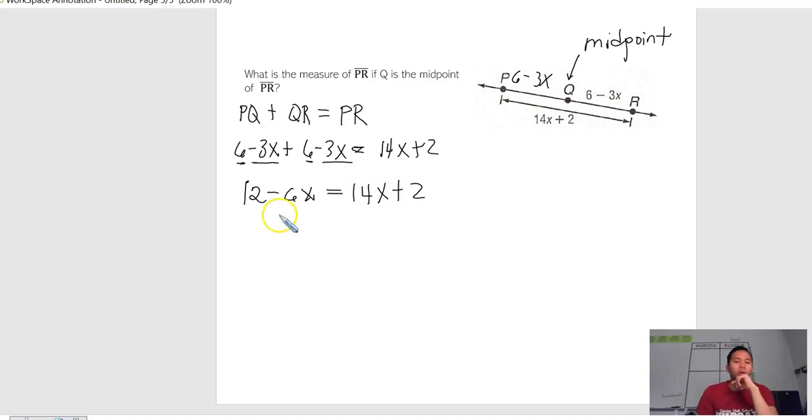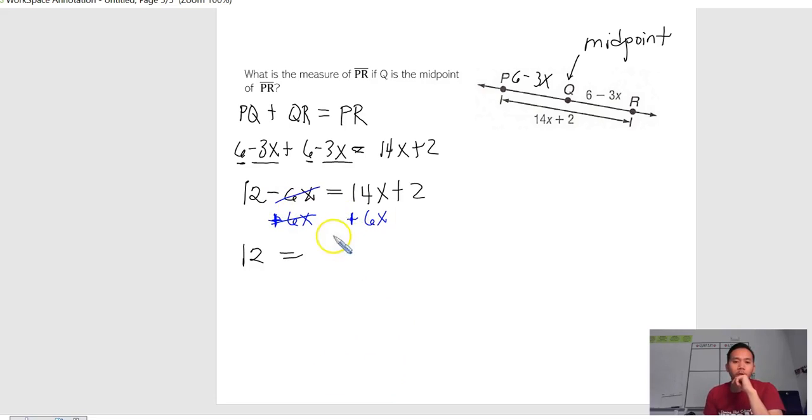All right. So I add 6x both sides because this is a little easier. So this will be cancelled. Therefore, you have 12 is equal now to 20x plus 2. Sorry for that mistake. I'm going to add 6x both sides, because it's a subtraction there.